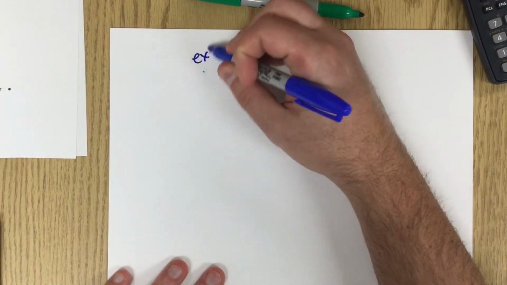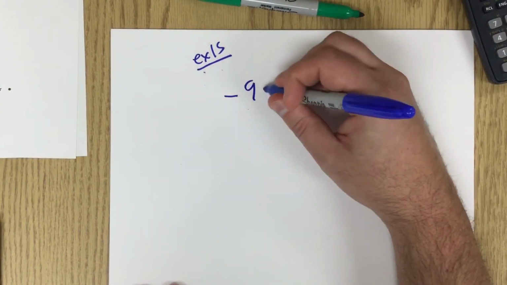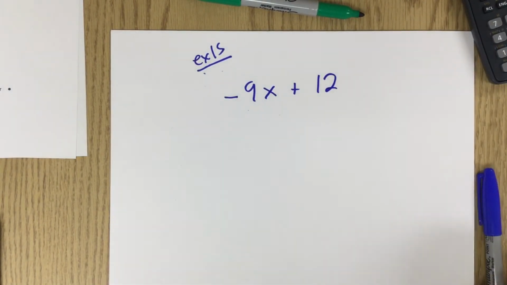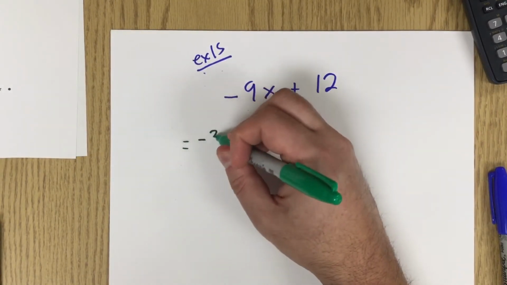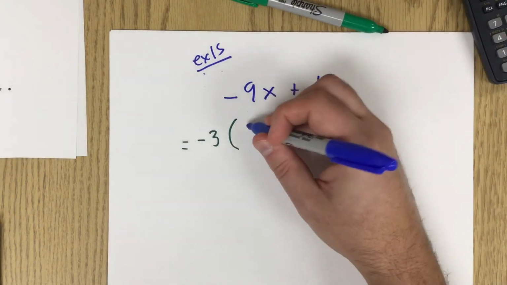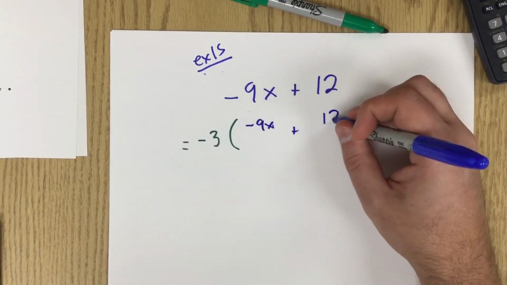And the last one I'm going to do, I'm going to show something. Actually, no, I might do 2 more. You don't actually have to always take out positive numbers. So for example, I could take out a negative 3. And if I was going to do that, I have minus 9x plus 12.